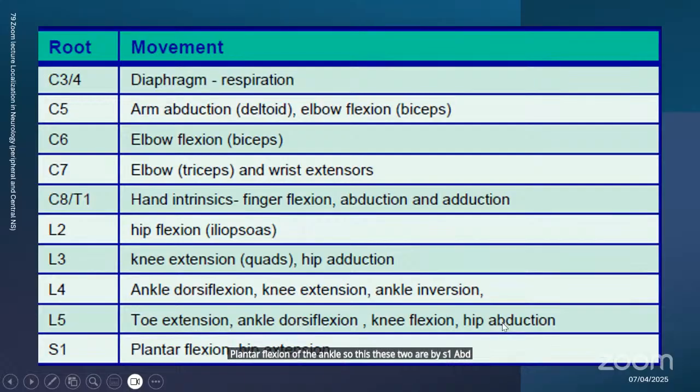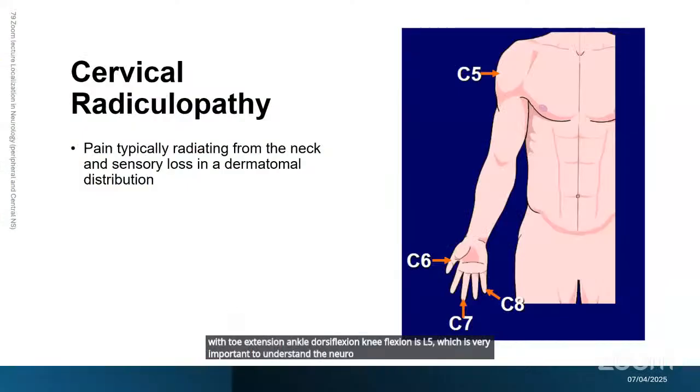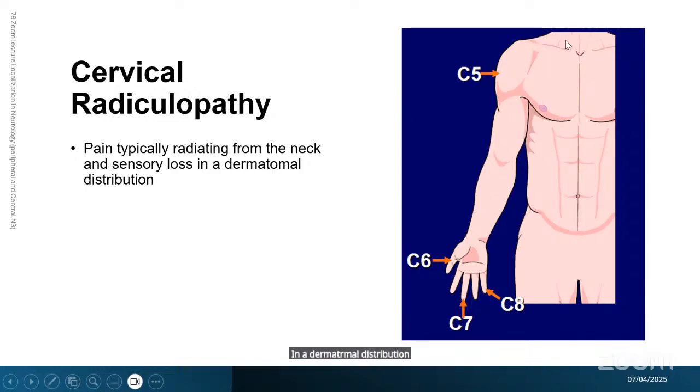Abduction of the hip with toe extension, ankle dorsiflexion, knee flexion is L5, which is very important to understand the movements. So cervical radiculopathy means pain typically radiating from the neck and sensory loss in a dermatomal distribution. In a radiculopathy, you have a dermatomal type of sensory loss.